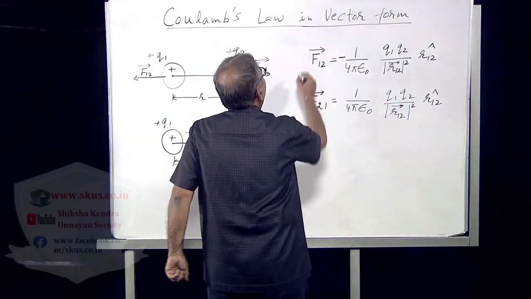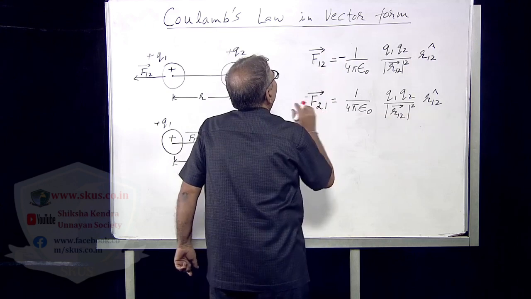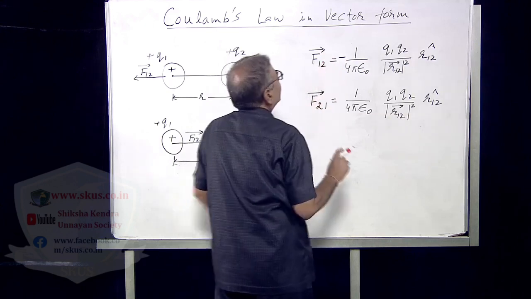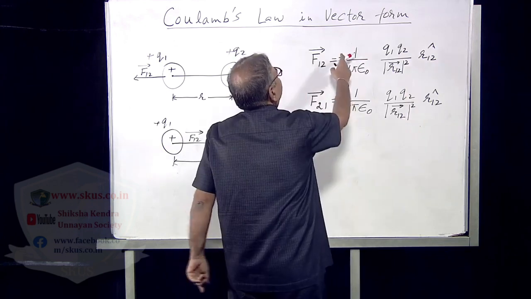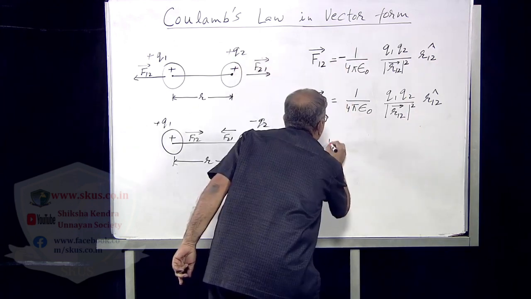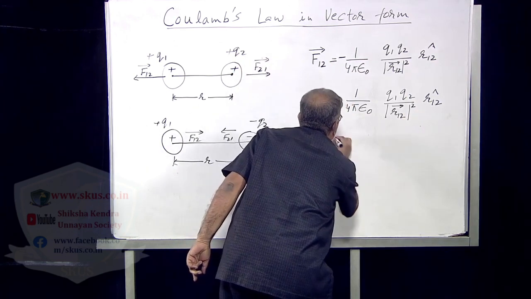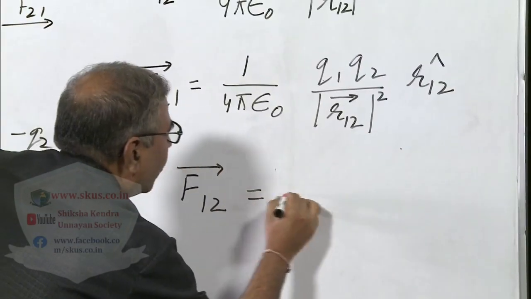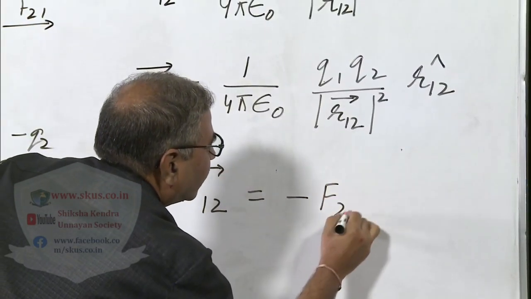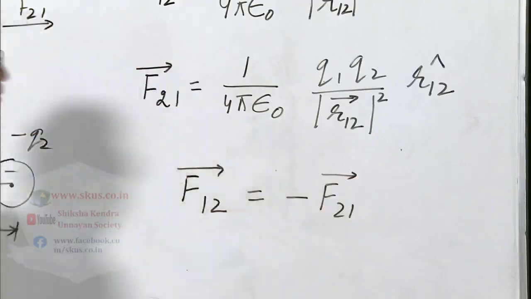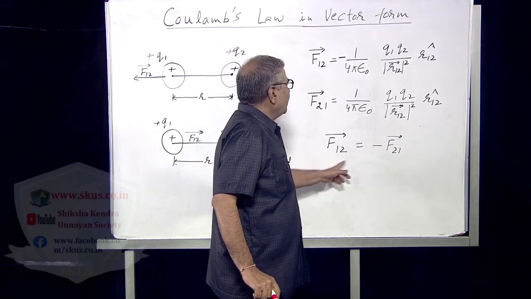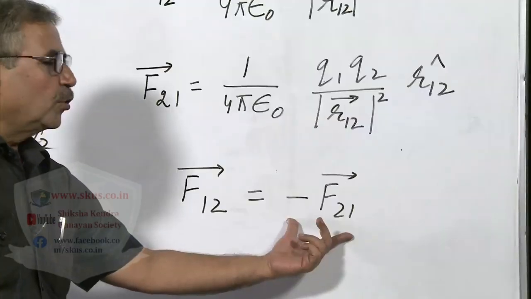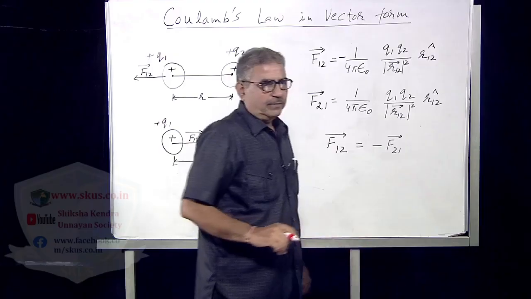Now if we compare these two equations for F12 and F21, the right hand side of the equation is the same except for this negative sign. So we can write F12 is equal to minus F21. Force on 1 due to 2 will be equal and opposite to the force on 2 due to 1.